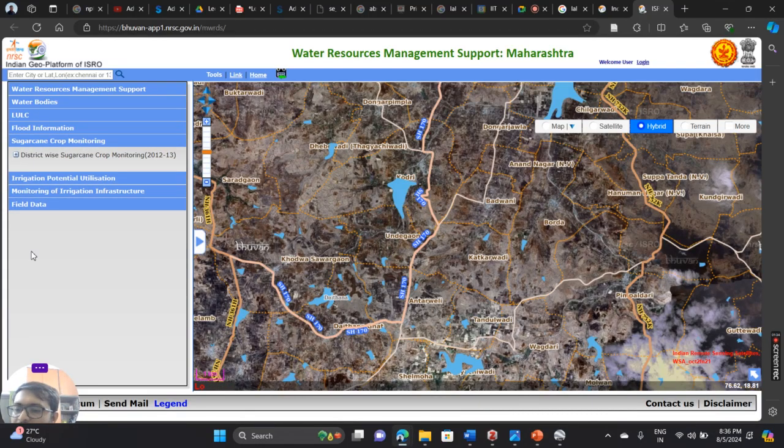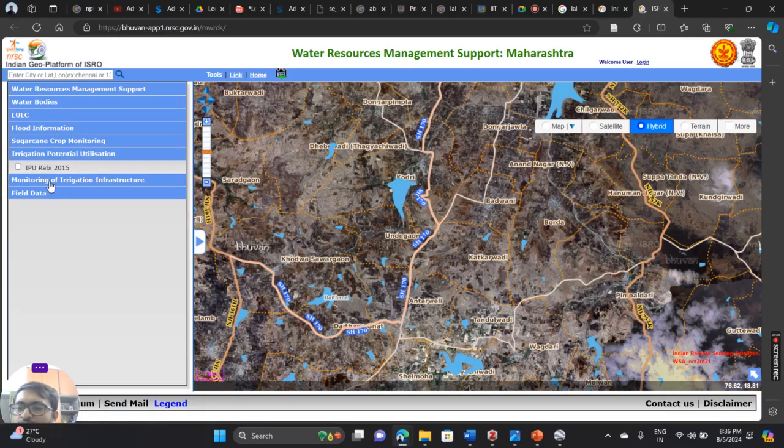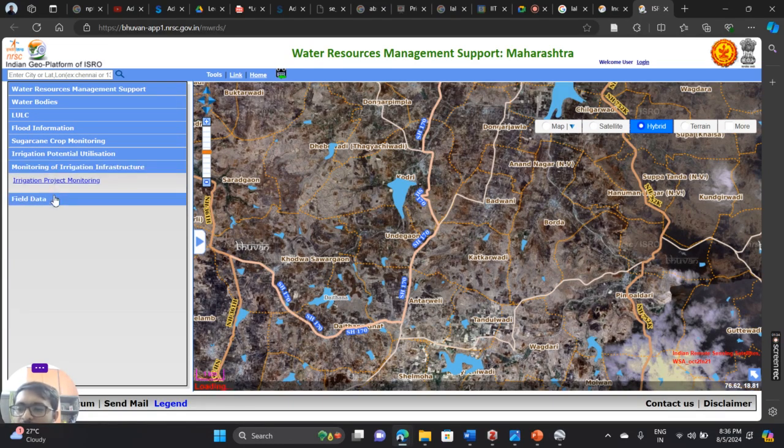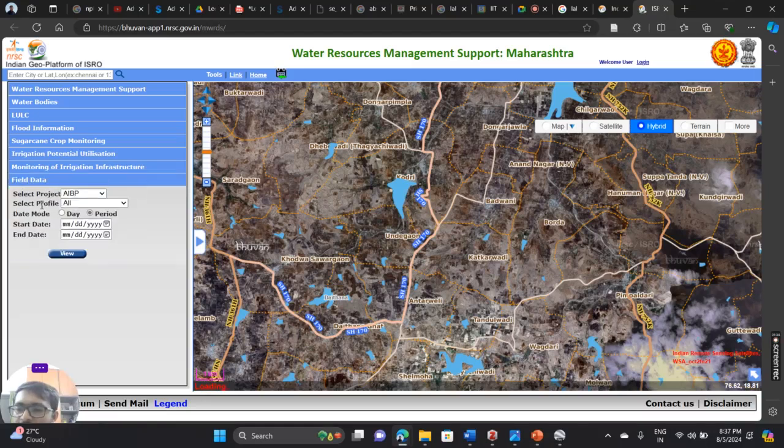Then some crop monitoring: they have sugarcane crop monitoring, irrigation potential, monitoring of irrigation infrastructure, and the field data they have collected. This is one of the applications in the water resource management sector, but similarly you have different particular sectors.